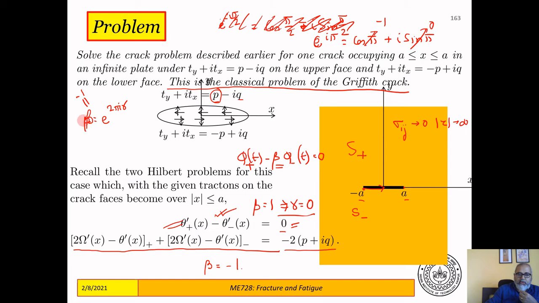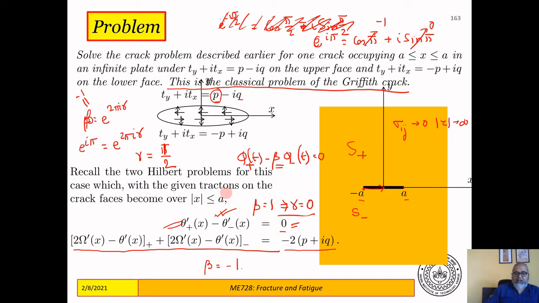So beta being minus 1 means beta is equal to e to the power i pi, which is equal to e to the power 2 pi i gamma, which means gamma is equal to 1 by 2. Gamma is equal to half.